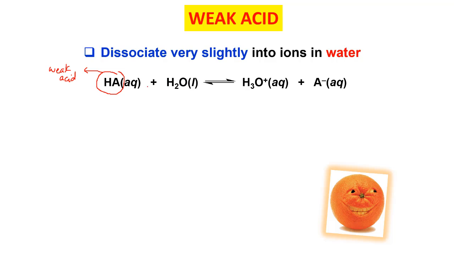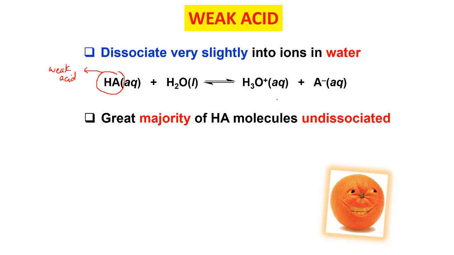Tetapi, maksudnya dissociation dia membentuk ion-ion ini sangat sedikit. Very slightly, very little. So, that's why weak acid itu mempunyai great majority of HA molecule, for example, undissociated. Maksudnya, masih banyak lagi molekul HA yang tidak mengalami dissociation, undissociated.